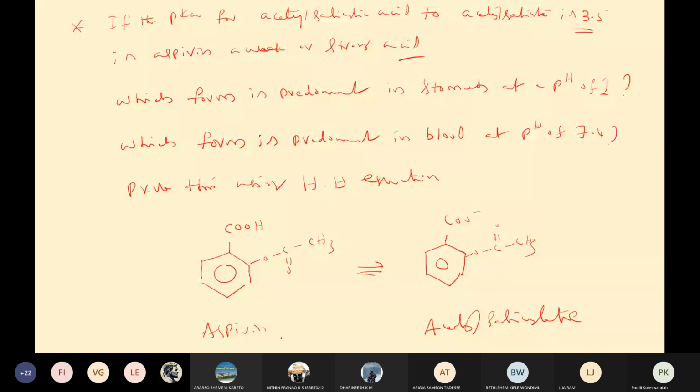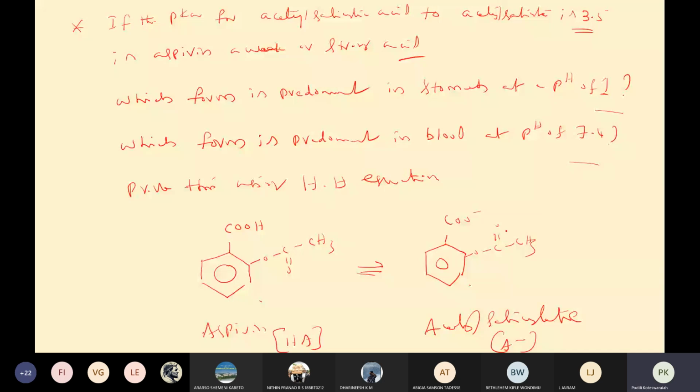So this is HA and this is A minus, acetyl salicylate, the conjugate base. Now we want to know, when we take aspirin and it enters the stomach, which form is predominant, the protonated form or the acetyl salicylate form, at a pH of 1, and which form is predominant at a pH of 7.4.